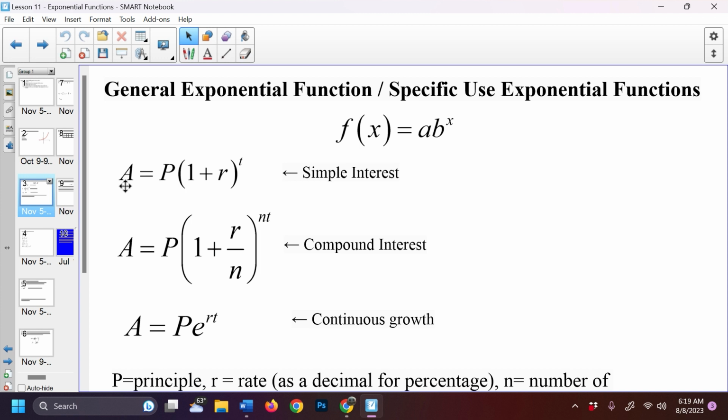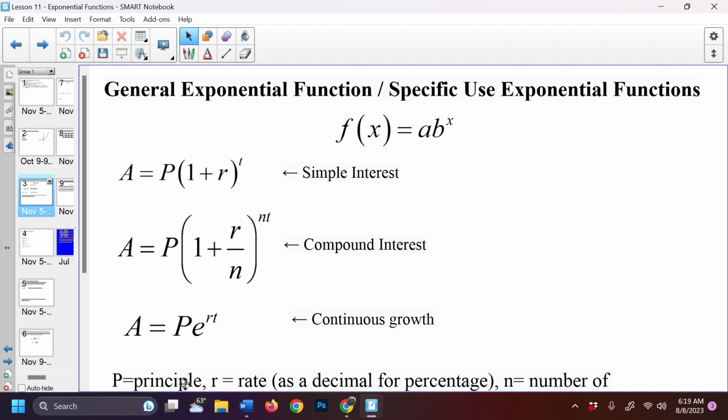In this instance, here is our f of x, here is our a. The 1 plus r represents b, and t is the x value. A compound interest formula, A equals P times the quantity 1 plus r over n all to the nt. And then the continuous growth function, which I'm going to call the PERT function, is A equals P e to the rt. We'll talk about e here in a moment.